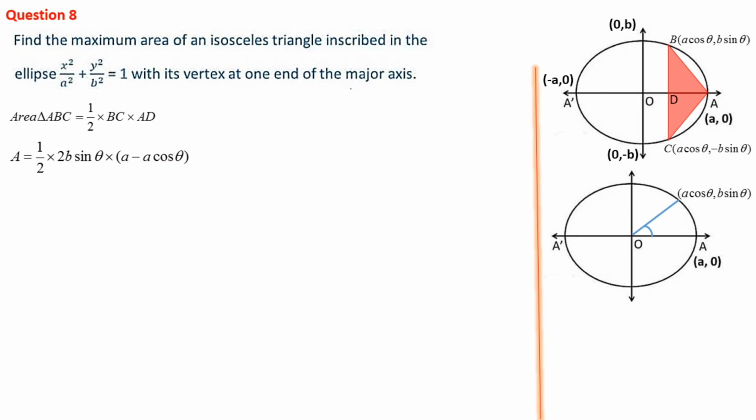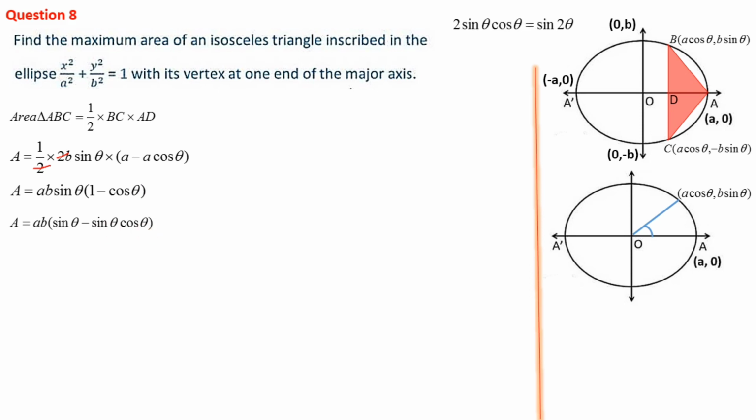Now the 2 in the numerator and denominator we can cancel, and a is common, so we take it out. It comes as a into b, that is ab sin theta into 1 minus cos theta. Taking sin theta inside the bracket, ab is a constant, so sin theta into 1 is sin theta, and sin theta into cos theta is the second term.